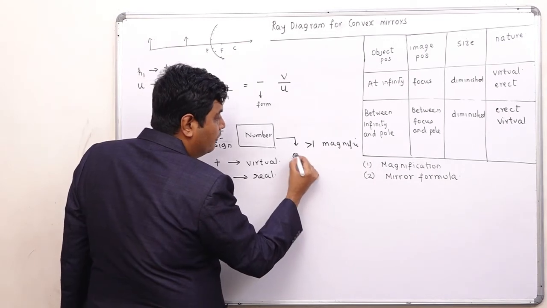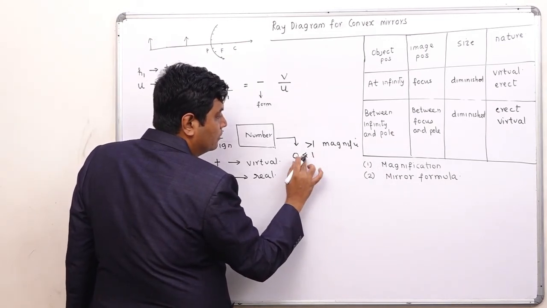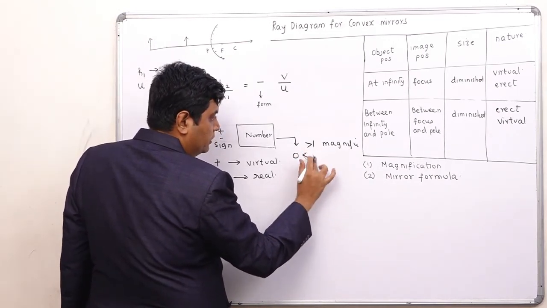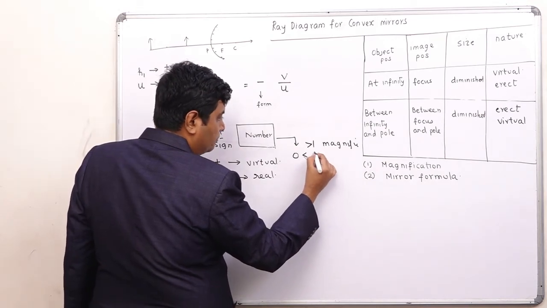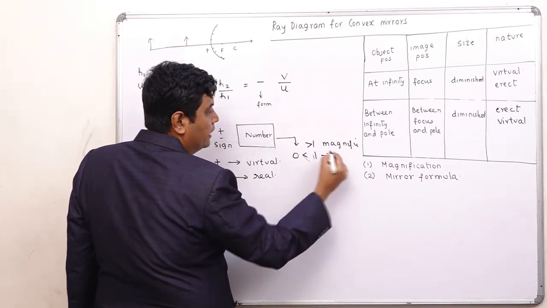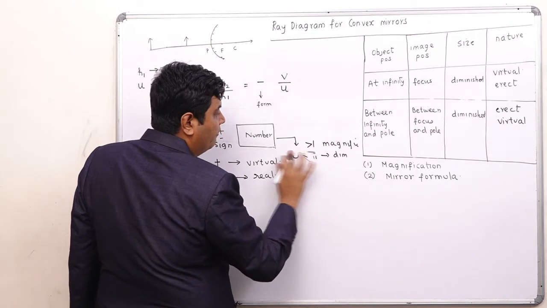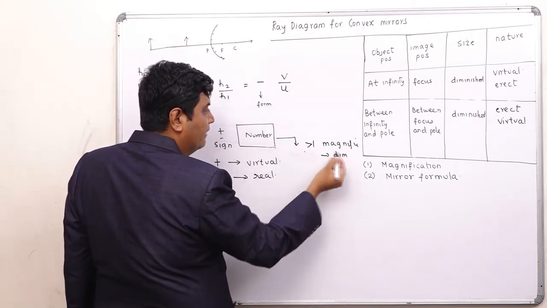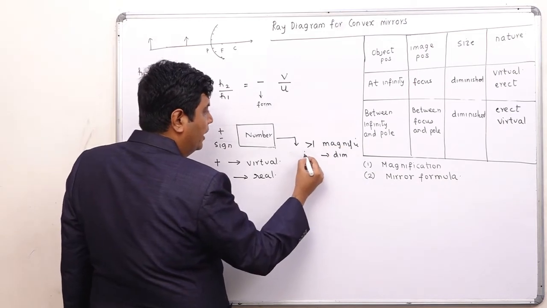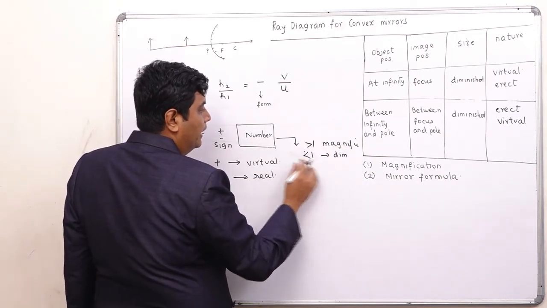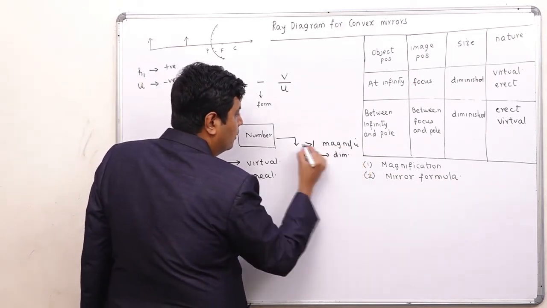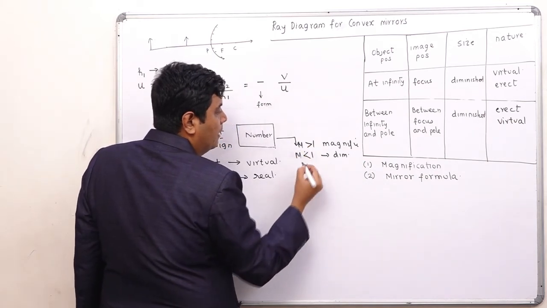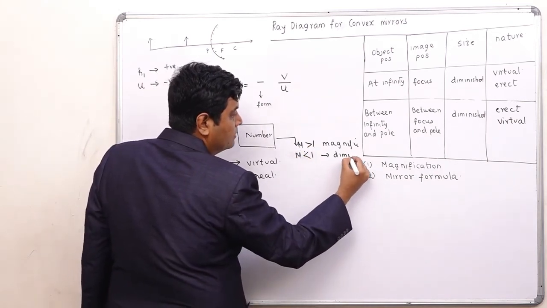And if the number is between 0 and 1, then it is diminished. So magnification greater than 1, it is magnified; magnification less than 1, it is diminished.